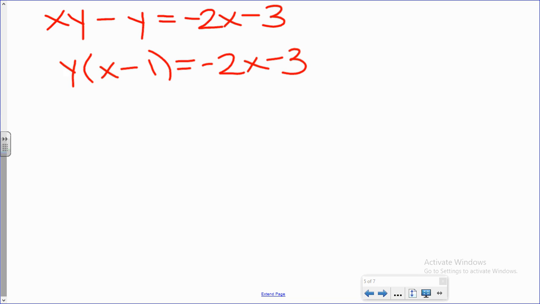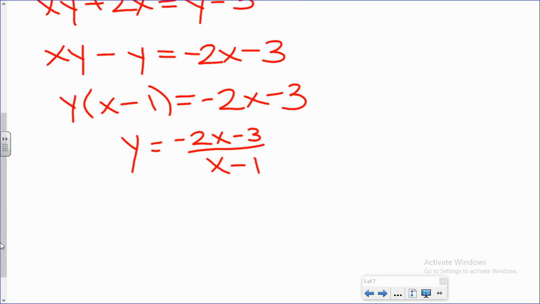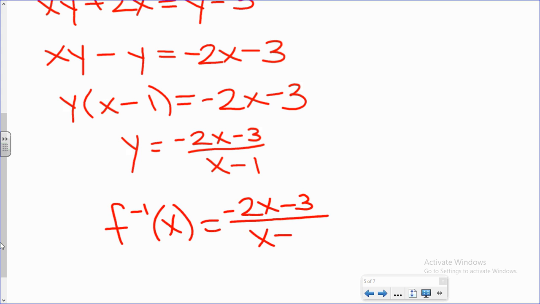Once that y is factored out, that x minus 1 is tied by multiplication, so we can go ahead and divide it over. So what I need from you is that the inverse is negative 2x minus 3 over x minus 1.